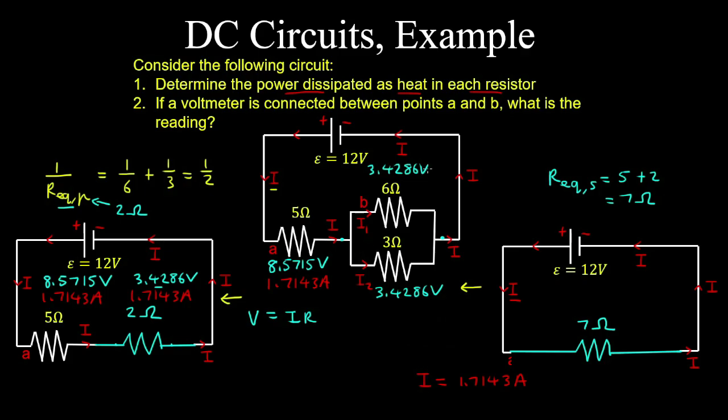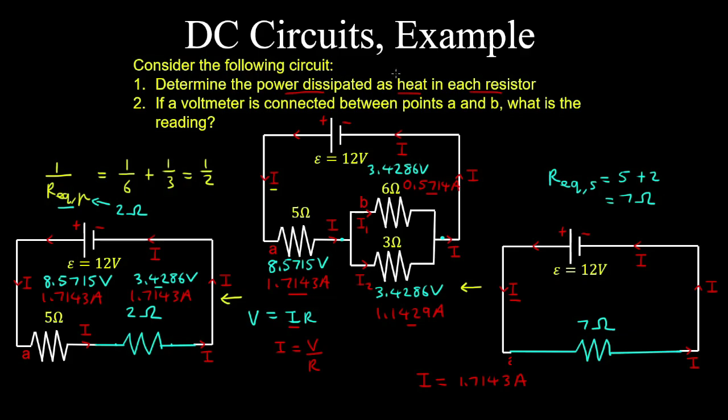So using Ohm's law, we can find the current across each of those resistors in parallel. So that will be I is the voltage on the resistance. So in the top resistor, we have 3.4286 volts divided by 6 ohms, which gives 0.5714 amps. And then in the bottom resistor, we have 3.4286 on 3, which gives 1.1429 amps. So if you sum these two currents together, that's equal to the current coming in, which you can do as a check.